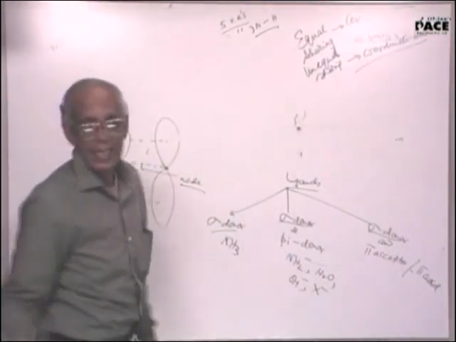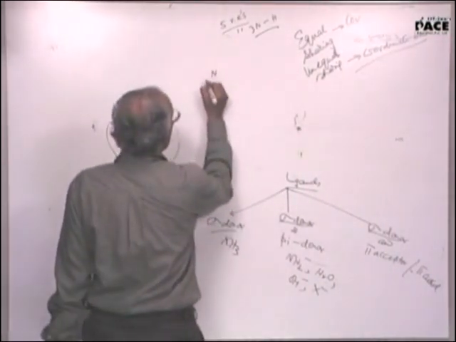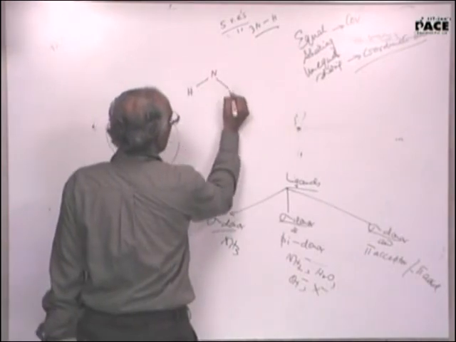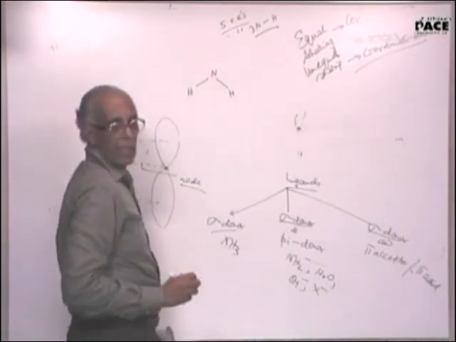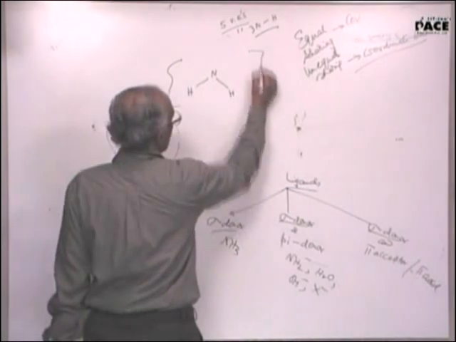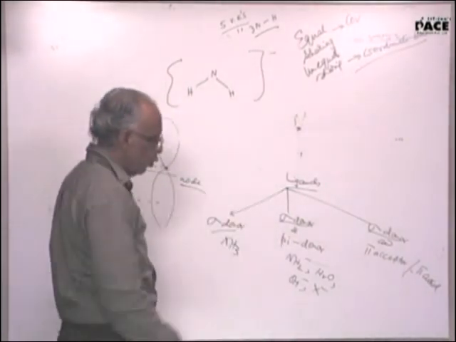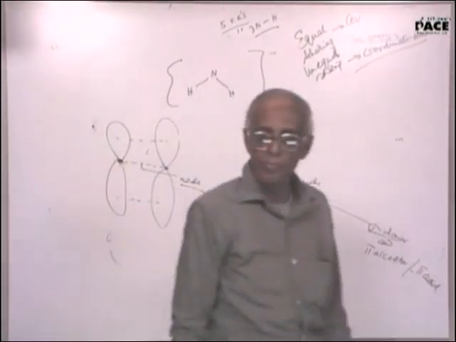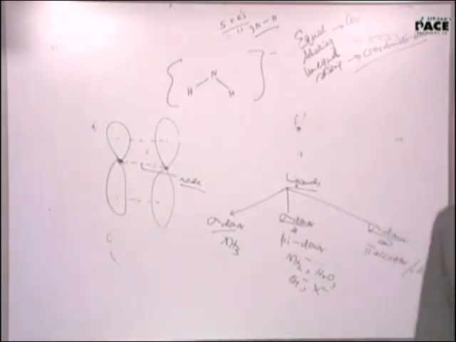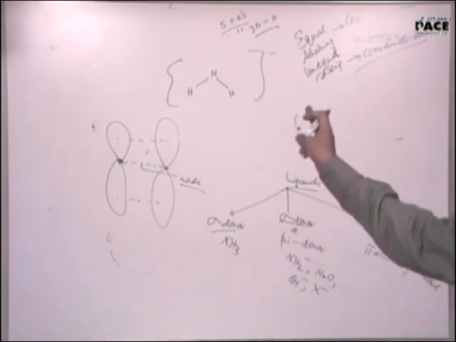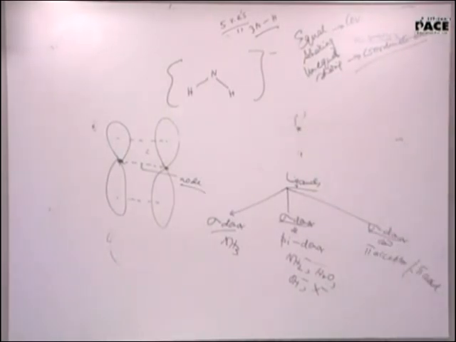If I take NH2 minus, nitrogen has how many valence electrons? 5, and one extra negative charge, so 6.